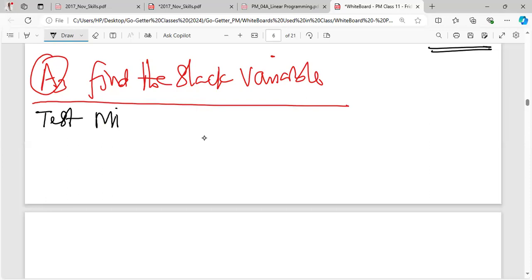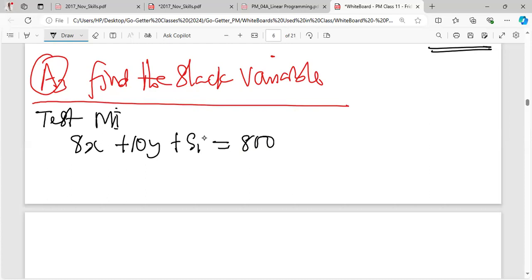Test M1. What is the equation for M1? M1 is 8x plus 10y. Of course, we have our S1 equal to 800.